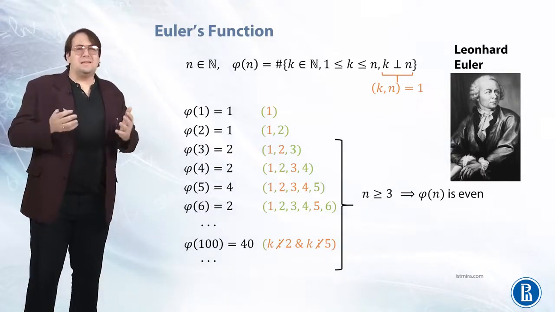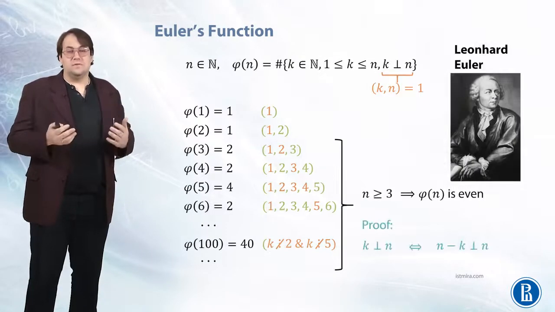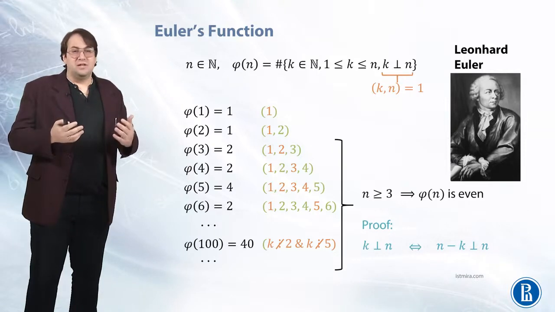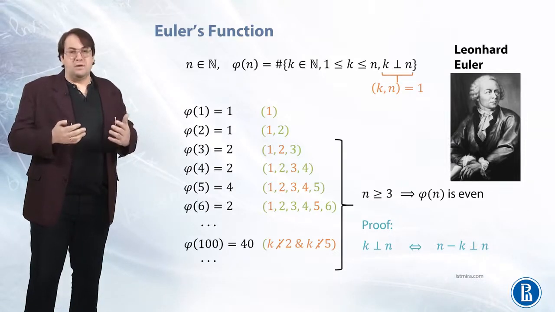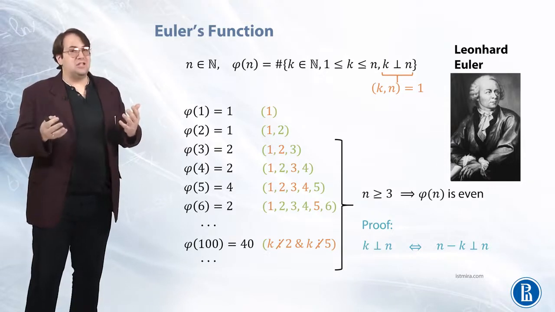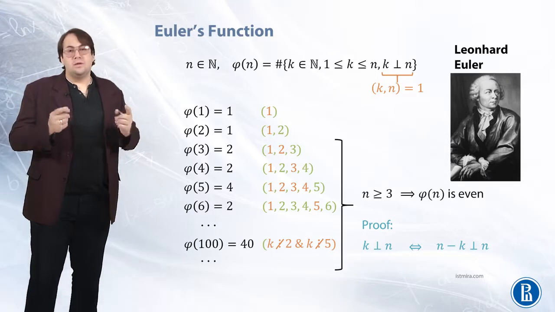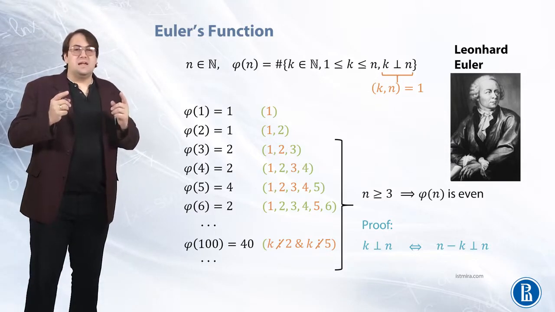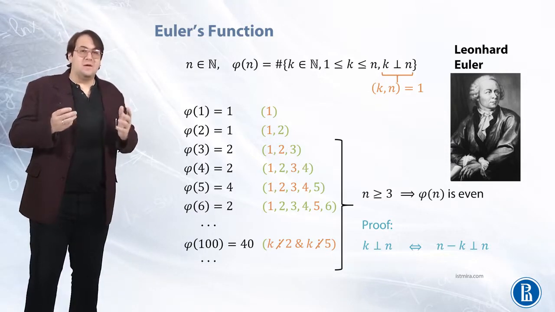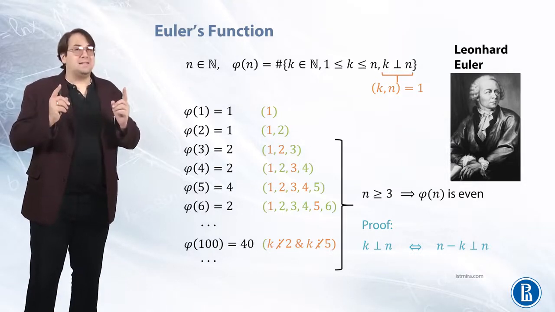Well, there is an obvious cause, because for any positive integer which is co-prime with n, n minus this positive integer is also co-prime with n. So all positive integers co-prime with n form pairs, k and n minus k.